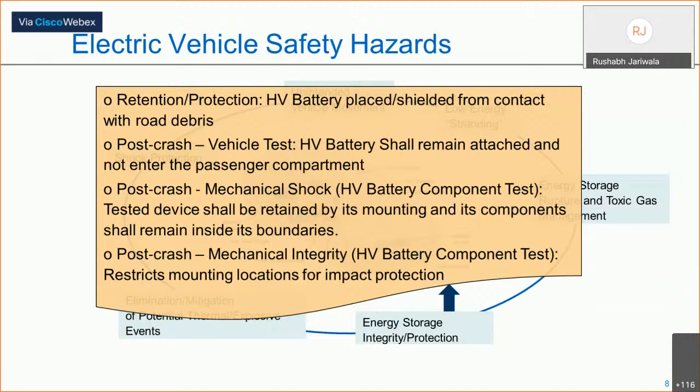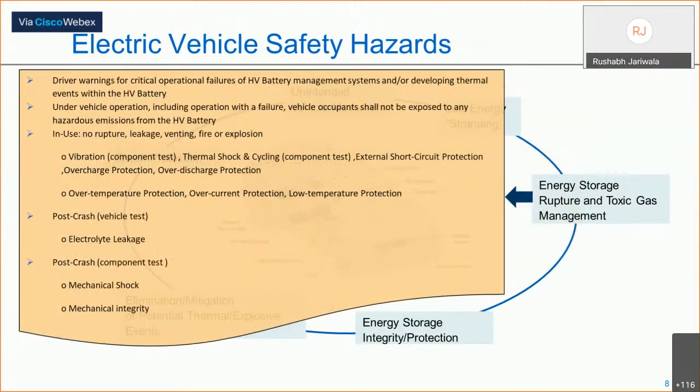Then the other thing post crash is that mechanical integrity should be maintained. That is an important one. Then electric vehicle safety hazards: here, energy storage rupture and toxic gas management. I explained this. There are mechanisms to warn the driver in case of thermal events.